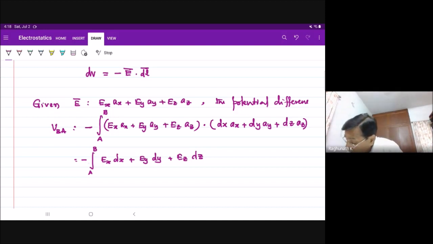At any point, minus Ex dx gives me what? The work done against Ex in moving it through a distance dx. Definitely dl bar is dx ax plus dy ay plus dz az.